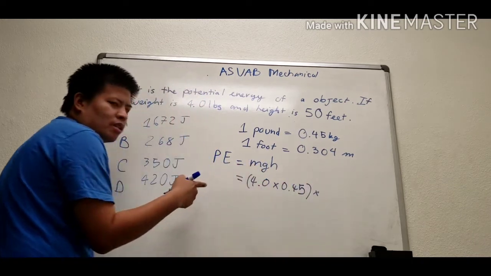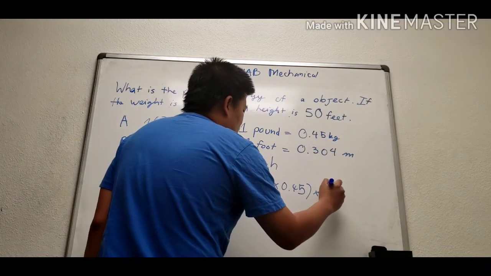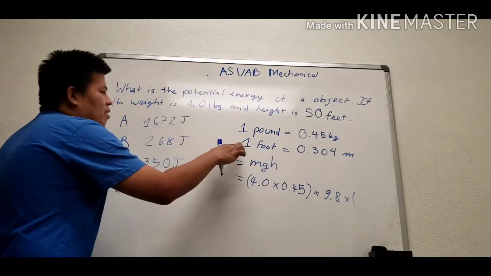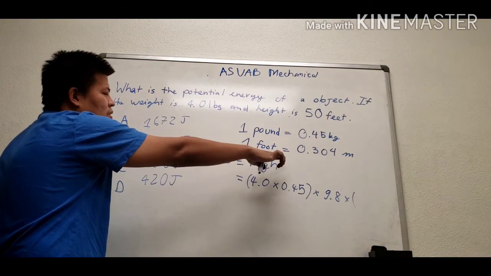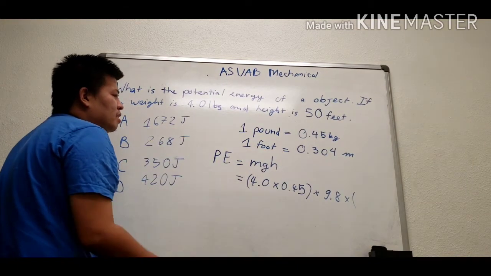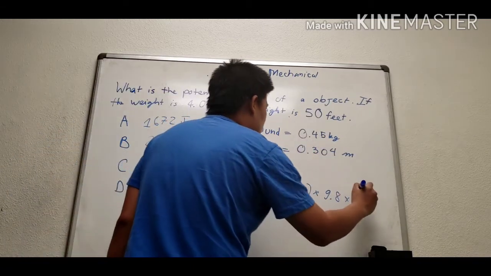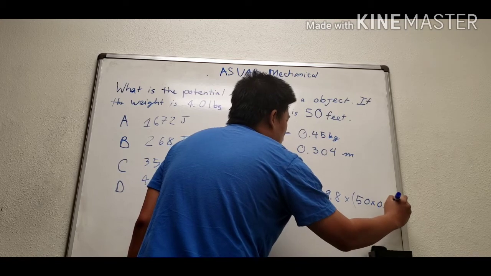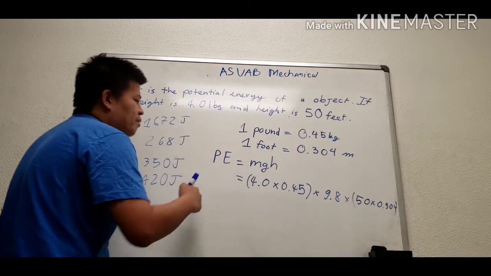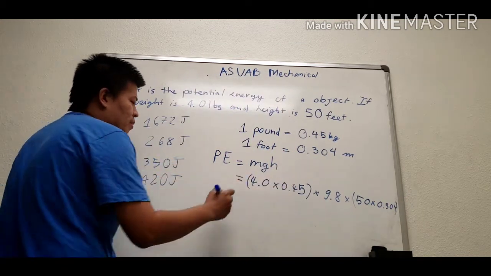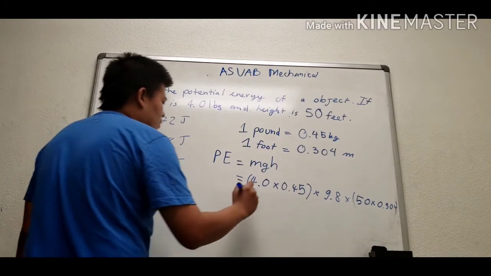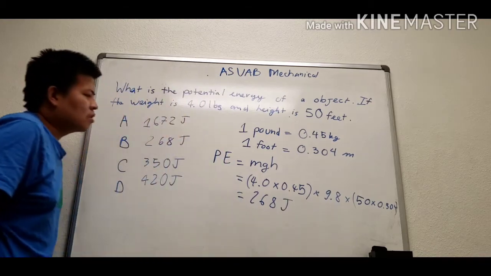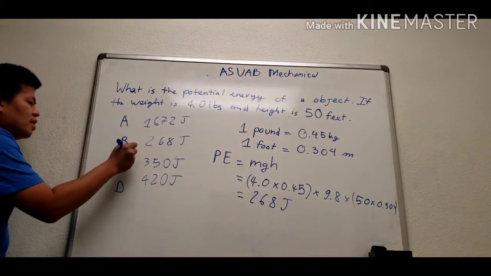Then we multiply with the gravity, that's about 9.8. 1 foot is about 0.304 meters. So we have 50, we multiply with 0.304. After we multiply all the numbers together, we got about 268 joules. So the answer for this question is B.